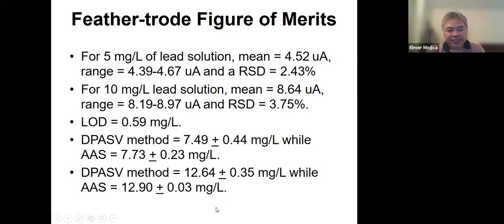And we use the DPASV method to measure some samples, yung tinatawag naming waste sample that we suspect contains lead. And this is how they are different from one another, but at least they're close.